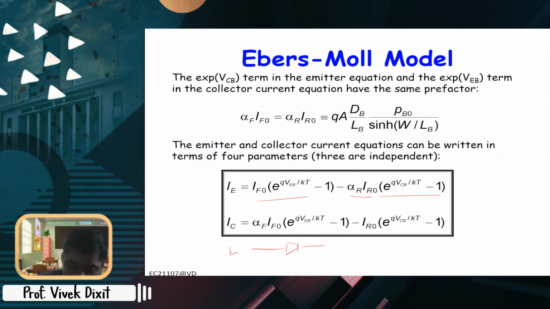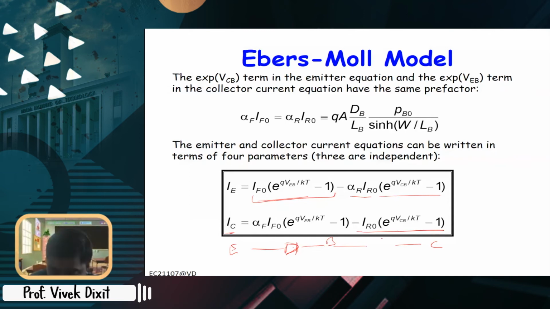This is emitter, this is base, and this is collector. The emitter-base is like a forward bias junction. Due to VEB, it will have diode-like characteristic. So this will be IF naught exponential QVEB by KT. Similarly, IC will have diode-like characteristic: IR naught exponential QVCB by KT.